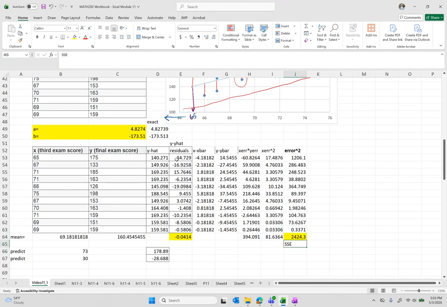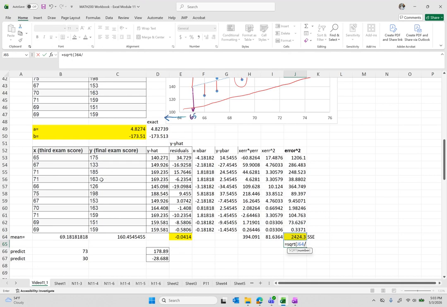And then to calculate the standard deviation, let's try to do it here. So actually let me put SSE, the label here, and then let's do here the standard deviation. And here the standard deviation will equal the square root of the SSE, which is above me, divided by n minus 2.